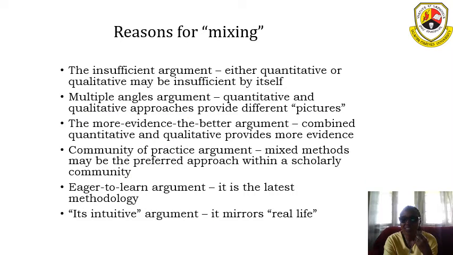So what are the reasons for mixing? Everything I've discussed so far hints at what we're going to see on this slide. It's when a researcher sees that just using a quantitative or qualitative approach is insufficient in itself.